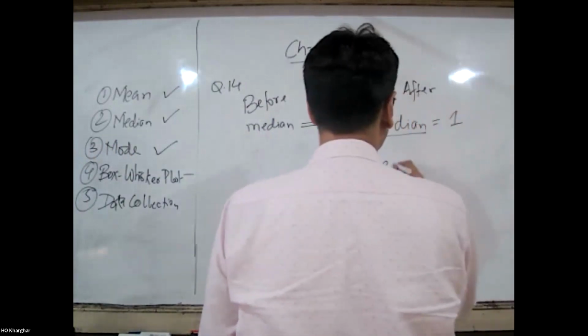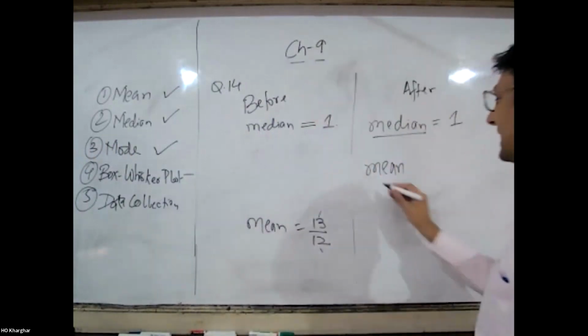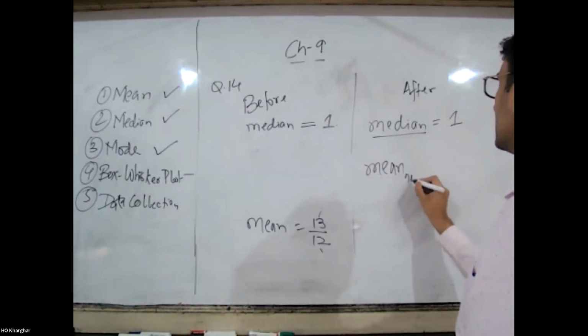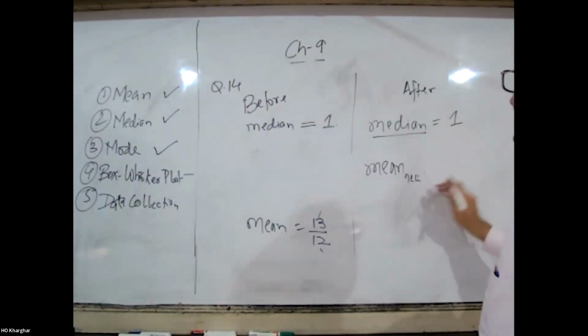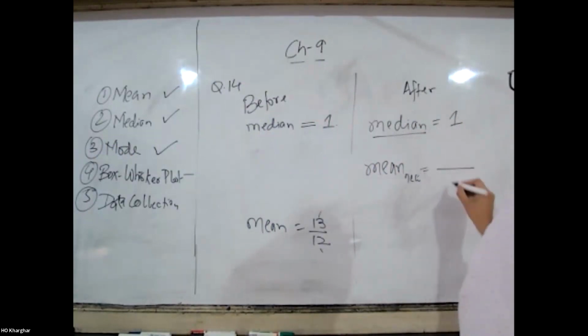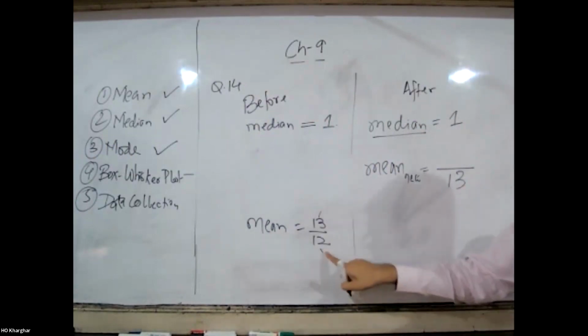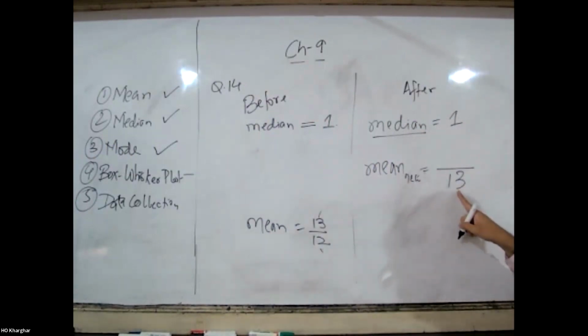Now, I'll calculate the new mean. New mean will be equal to the sum of all these siblings, total number of siblings, divided by the total number of students, which would be 13, because there's a new student who would have come in.